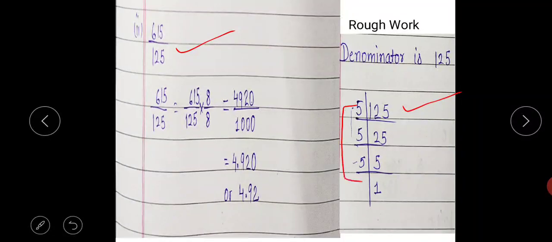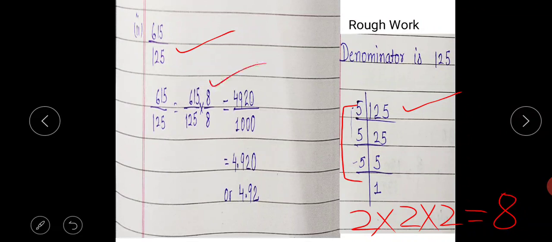So we multiply the numerator and denominator by 3 times 2, and 3 times 2 is equal to 8. So we multiply the numerator and denominator by 8 and get the answer as 4920 upon 1000. And now the number in decimal form is equal to 4.920, or simply we can write it as 4.92.